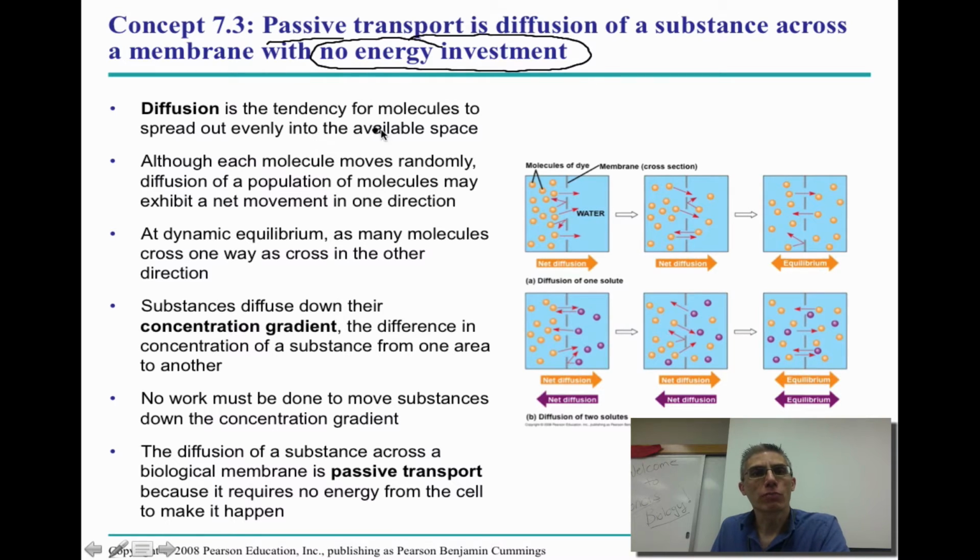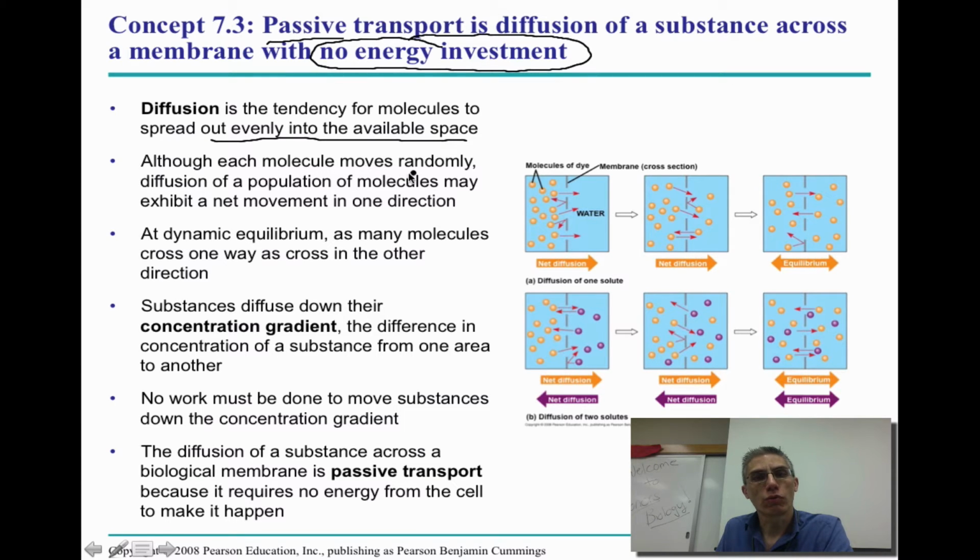Diffusion is going to be a tendency for molecules to spread out relatively evenly into the available space. If you think about perfume, for example, if somebody sprays perfume, initially all of that perfume is going to be concentrated around that one individual, but eventually over a period of time, that perfume is going to permeate throughout the entire room, and you're going to be able to smell it, even if you're not next to that person who just sprayed it.